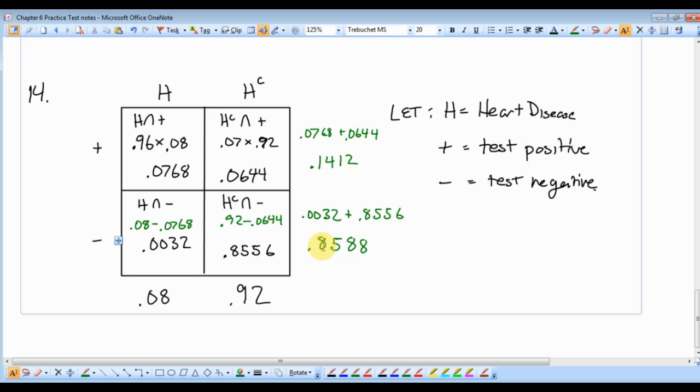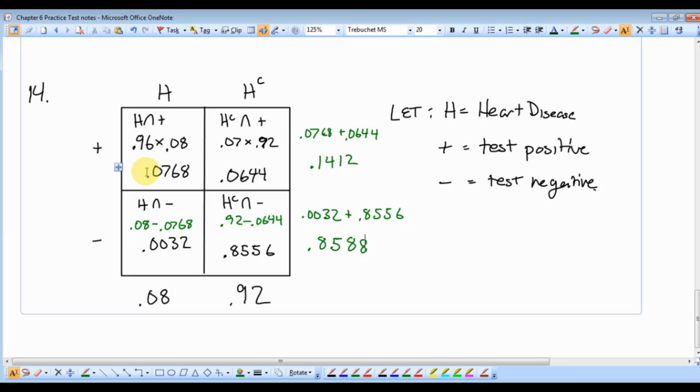Additionally, right now you can probably tell whether or not the events of heart disease and testing positive are independent. Not independent in the English sense of the word, independent in the mathematical sense of the word. So, is 0.1412 times 0.08 equal to 0.0768?